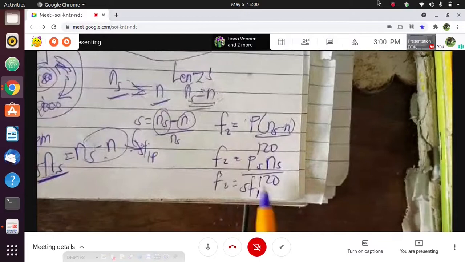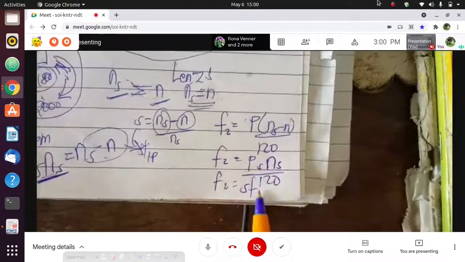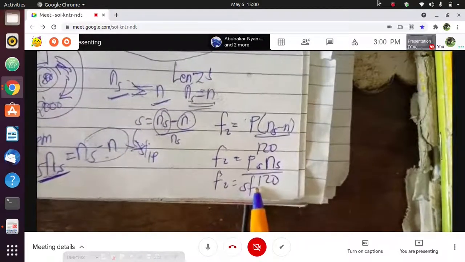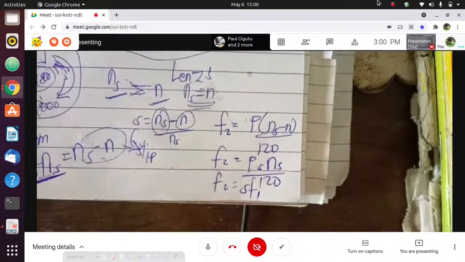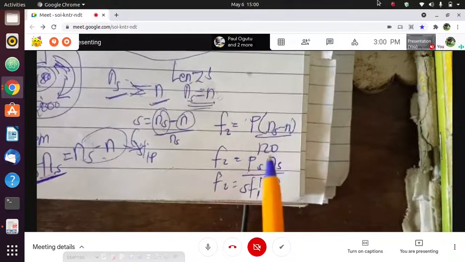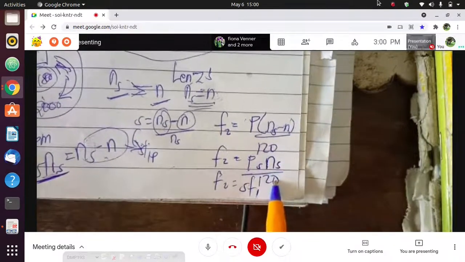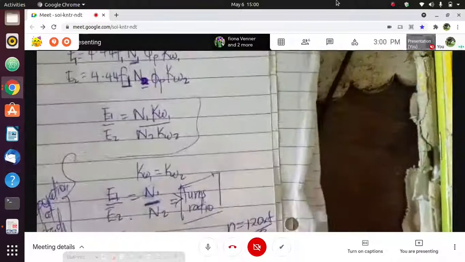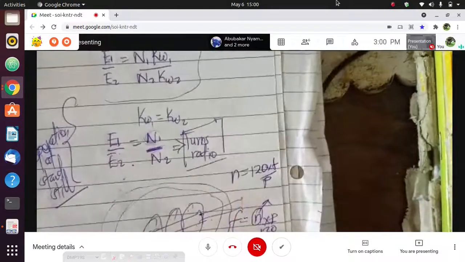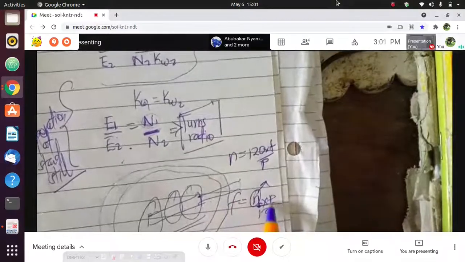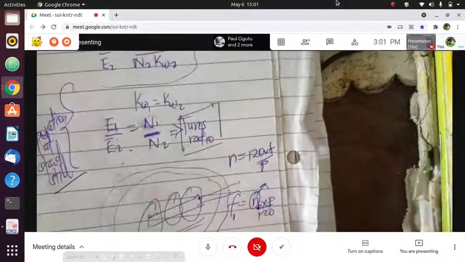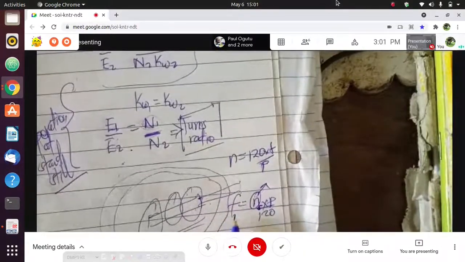Because frequency 1 is the frequency of supply in the stator, the rotating magnetic field in the air gap, will be given by P times NS over 120. If we are talking about the synchronous speed due to the stator winding, then this is referred to as the supply frequency because it is in the stator.